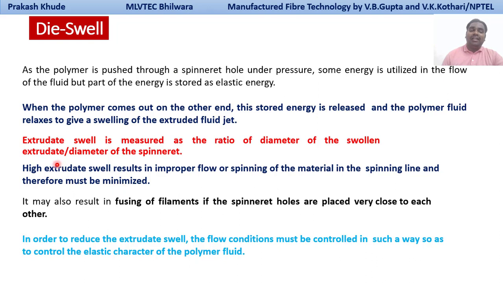Higher extrudate swell results in improper flowing of the polymeric fluid in the spinning line, so it needs to be minimized.